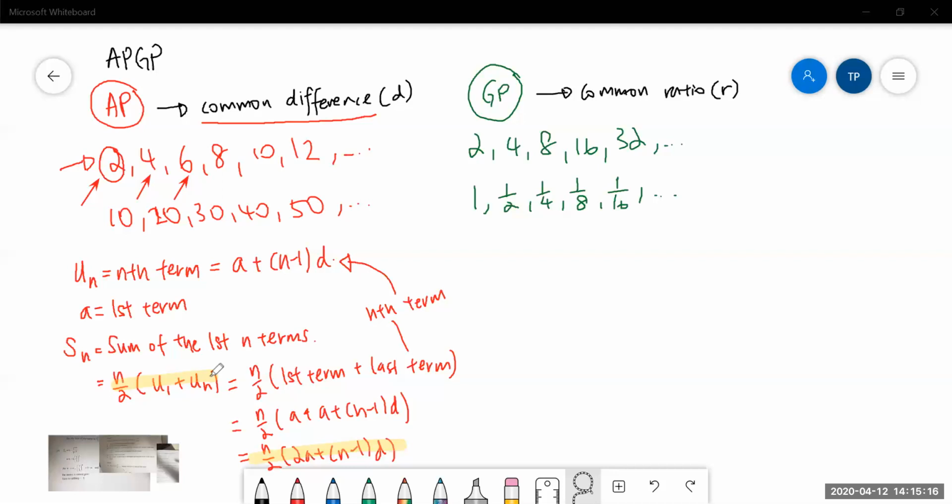Okay. So now we know how to find the sum of a divergent arithmetic progression, which is this, the Sn.